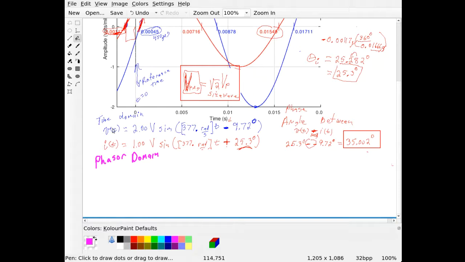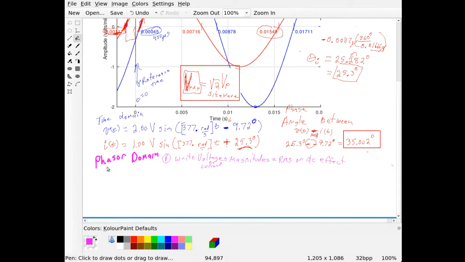If we have a time domain representation, in the phasor domain, number one, you write the voltage or current magnitudes using their RMS or DC effective value.